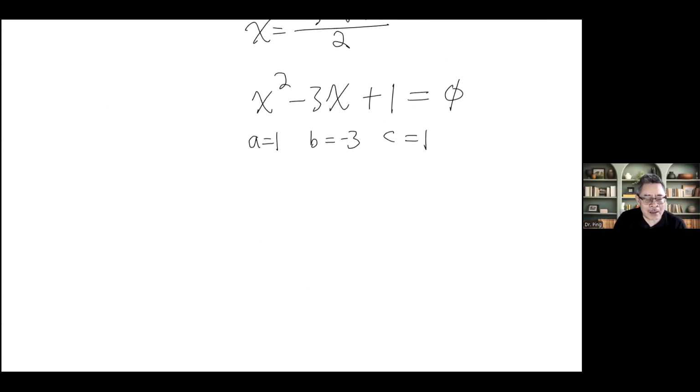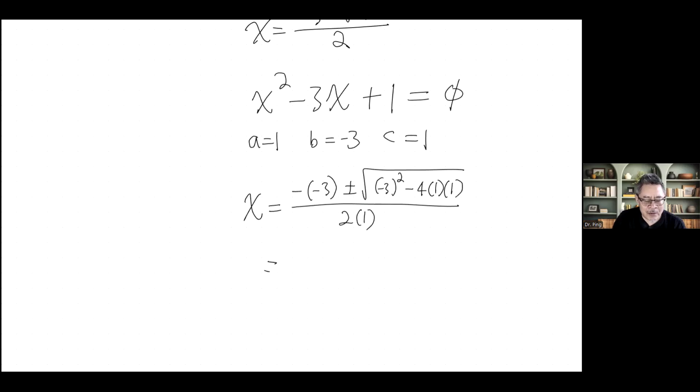So therefore, x is equal to minus -3 plus or minus the square root of -3 squared minus 4AC, over 2 times A. So now what we have here is 3 plus or minus the square root of 9 minus 4 over 2. And in this case, 9 minus 4 is 5. So that's what we got. It's an irrational number over 2.